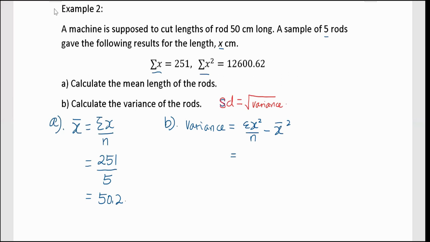Right? So with the info given, 12640.62 divided by 5, and the mean found in part A, 50.2. Then use a calculator, and we will be able to calculate the variance.